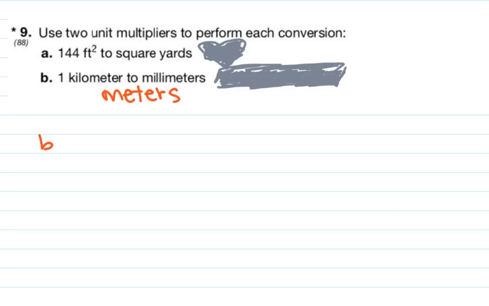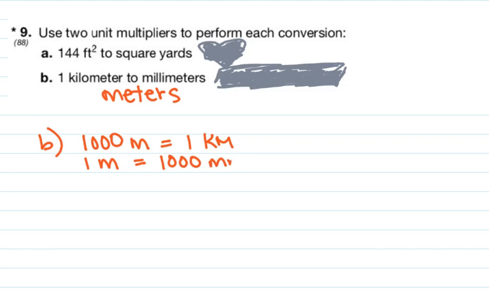So for B, I know that 1,000 meters equals 1 kilometer, and I know that 1 meter equals 1,000 millimeters. So these are going to be my units to make my unit multipliers.